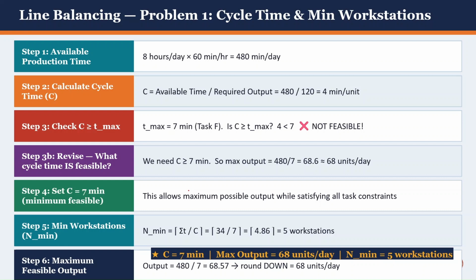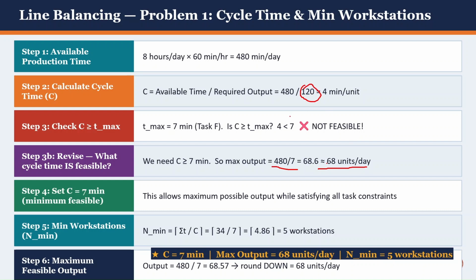Since we require C to be almost equal to 7 minutes, we need to check how much we can do. The max output that we can get is 480 by 7, which is around 68 units per day. But our target is 120 units per day.